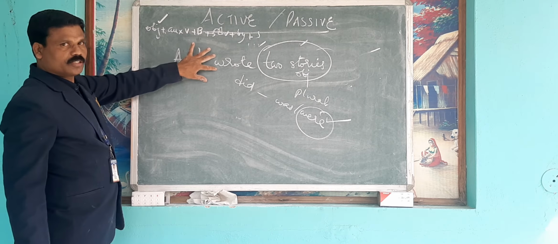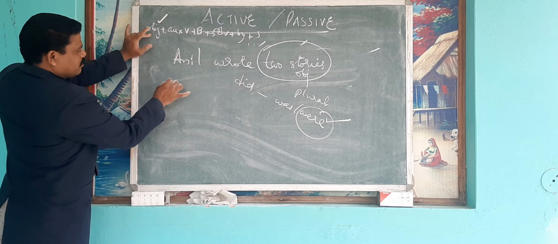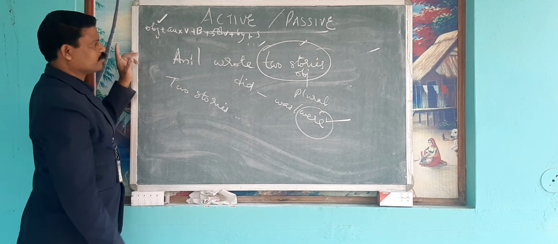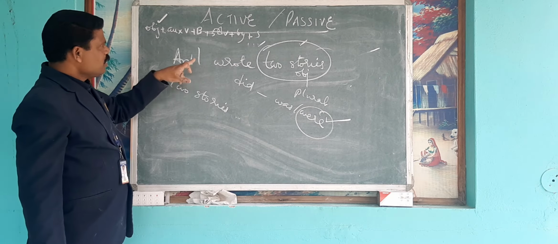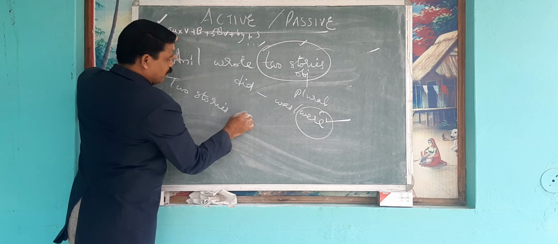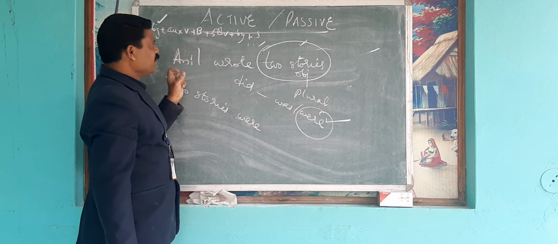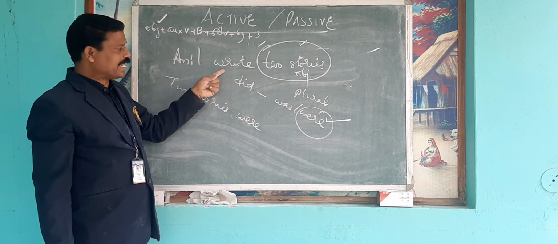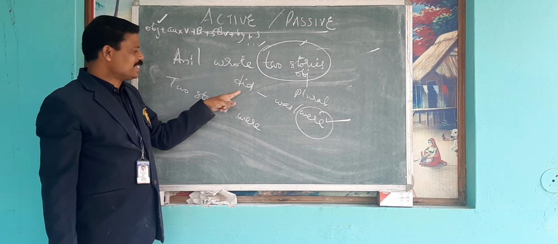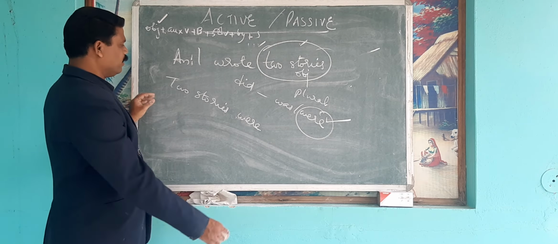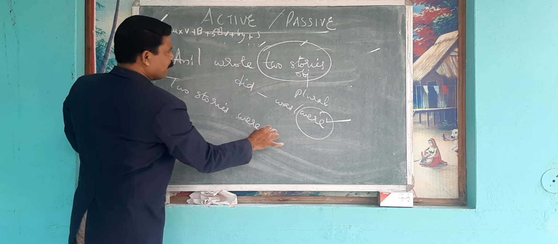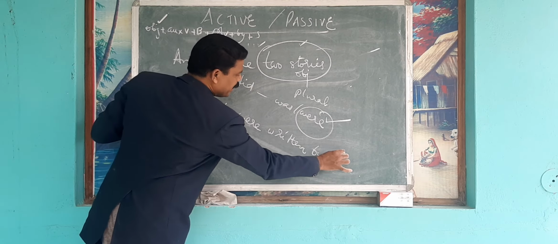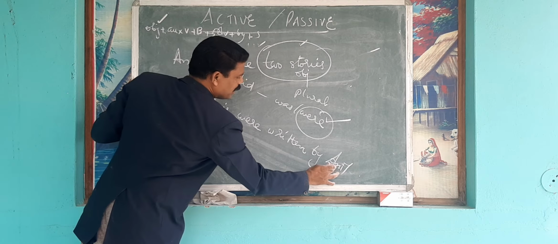Verb is wrote. Rule: object, 2 stories. Auxiliary verb were. Then no need to add being because wrote contains did, and if there is do, did, does, be, being, been will not be used. 2 stories were. Third verb, written, by subject, Anil.